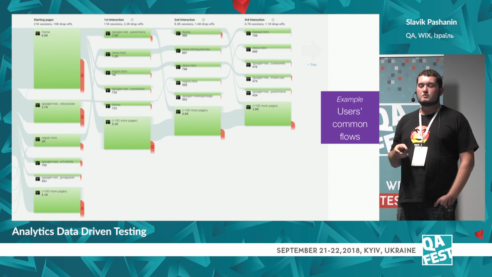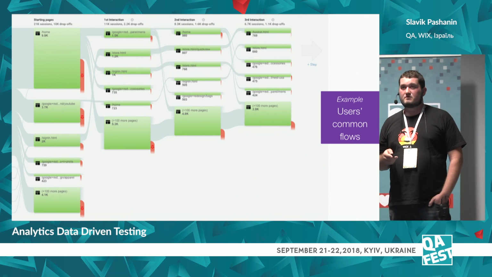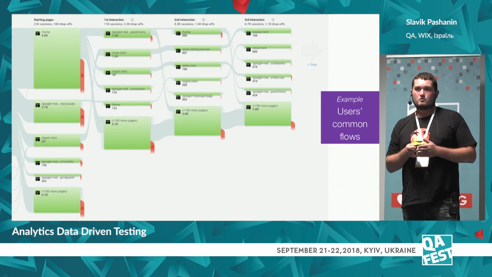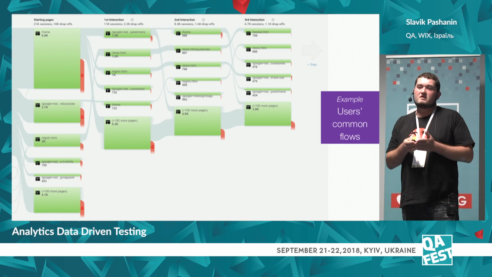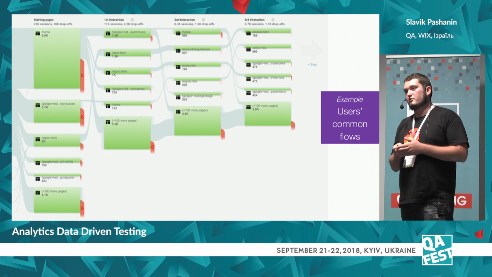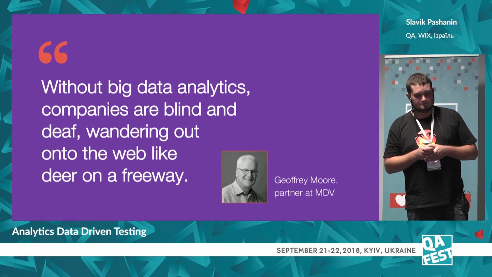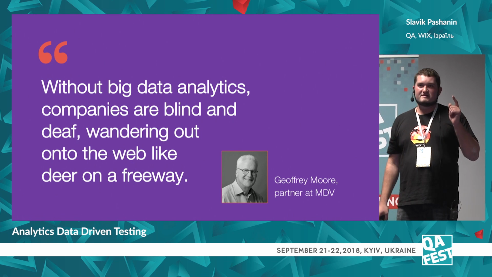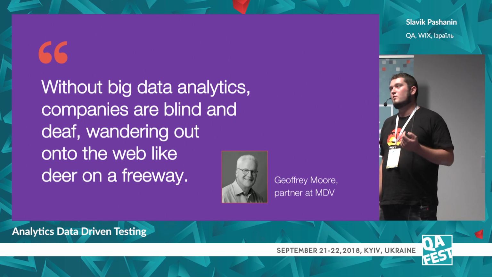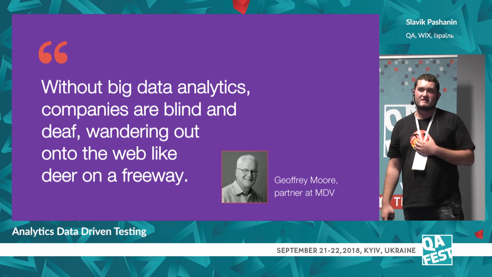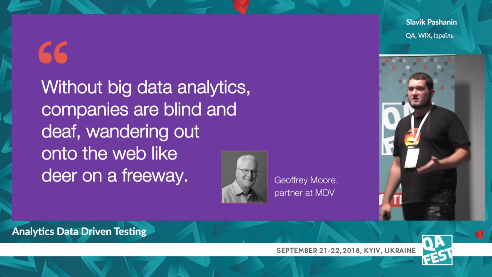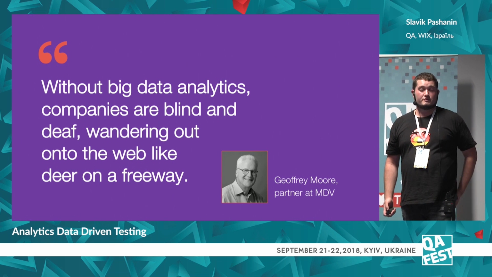When you are looking at the page tracking events, you can be as close as possible to your users. You can really understand how they react on your platform. Another quote: it's not only the companies that are blind, we are blind. If we are not using data and not using the approach of our customers, we are doing something wrong.